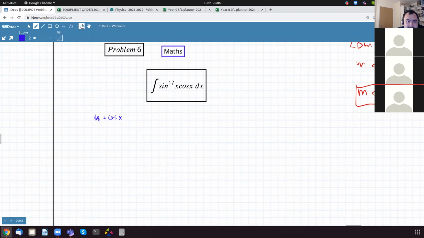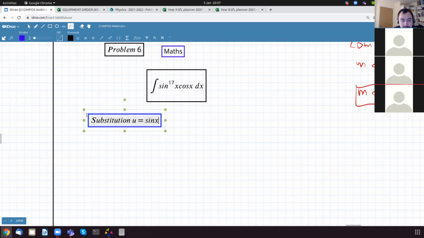So it makes more sense to make the substitution u equals sine x. And then the next stage, you find du over dx. du on dx is equal to the derivative of sine x, which is cosine x.